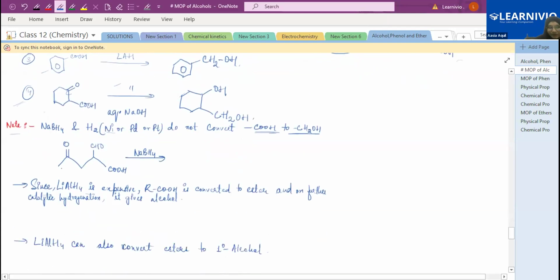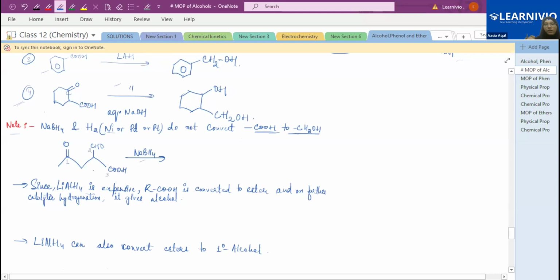For example, this is an example question. Suppose this is your compound and you are using sodium borohydride. Now tell me, which carbon will the sodium borohydride reduce? Suppose I number them: this ketonic carbon as first carbon, this aldehyde carbon as second carbon, and this carboxylic acid carbon as third carbon.